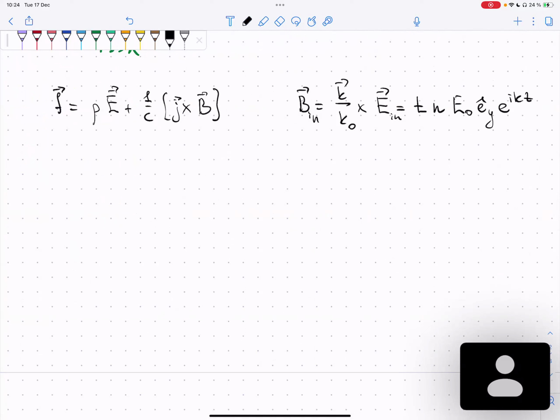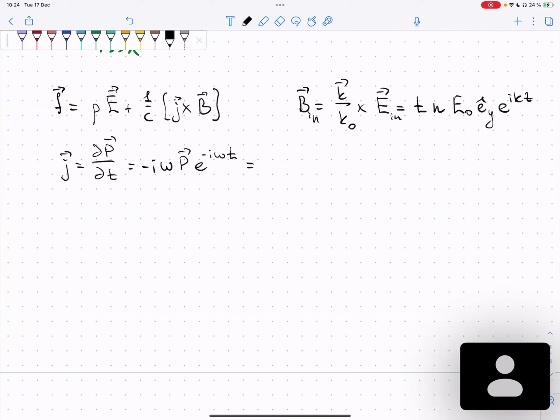The current density can be written as the time derivative of the polarization, which equals minus i omega times the polarization multiplied by exponent minus i omega t.